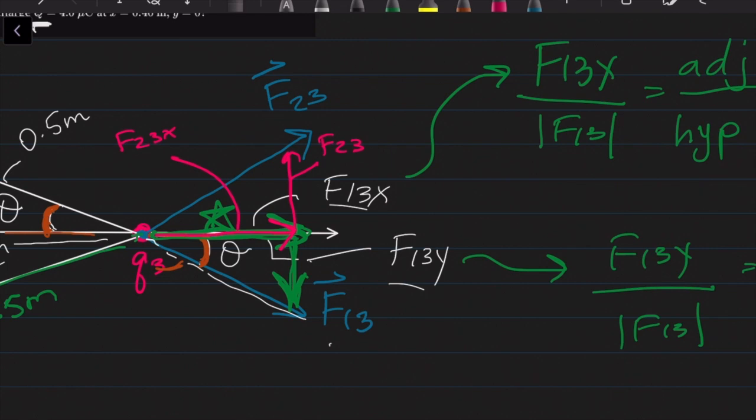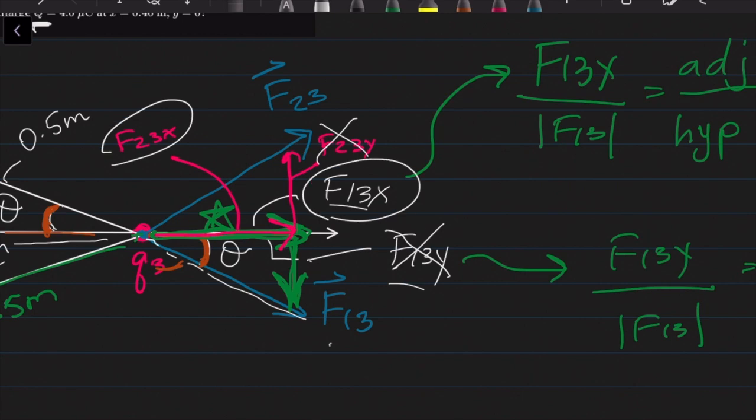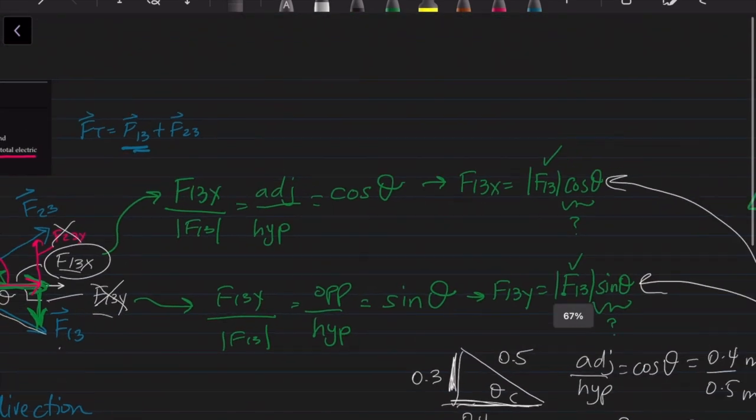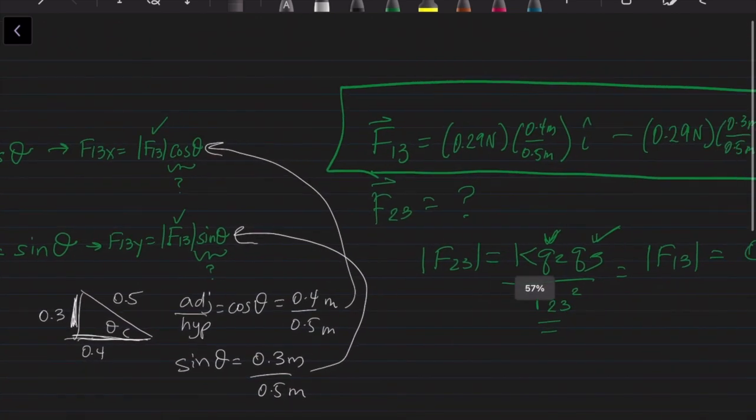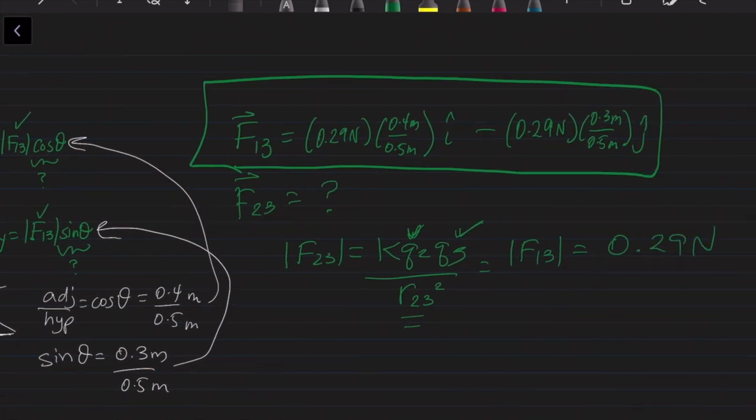And we are going to see a cancellation between F13y and F23y, because they are the same magnitude pointing in opposite directions. And the other thing we're going to see is that we're adding together F23x and F13x.